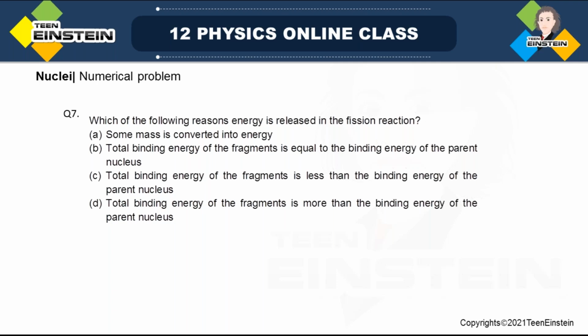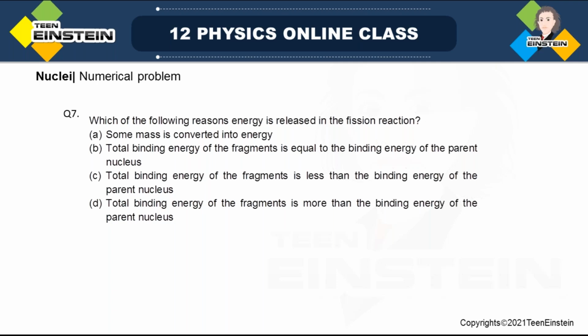You can read the question. Which of the following reasons energy is released in the fission reaction? I have somewhat discussed when I was solving the first problem why energy is released in fusion or fission reaction.